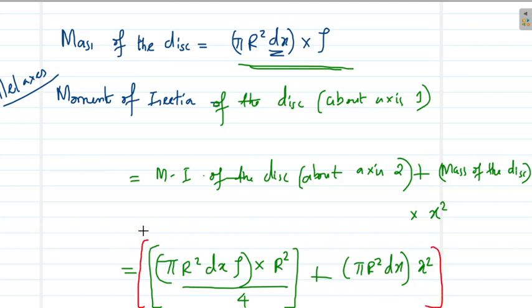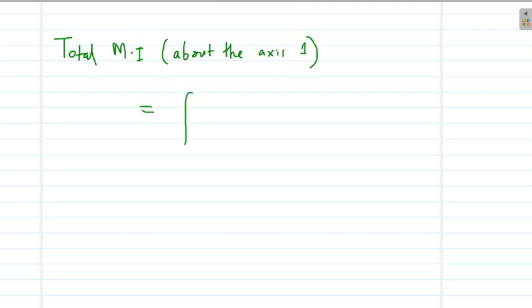We will have to integrate this term over the whole length of the cylinder to find out the total moment of inertia of the cylinder about the axis 1, that is equal to integration from minus L by 2 up to L by 2 of the moment of inertia due to each of the disks.